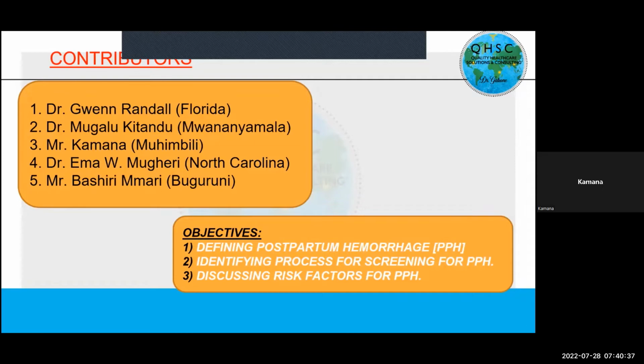If it is trauma or uterine atony, we treat it accordingly by giving medications like oxytocin, so as to make the bleeding stop.